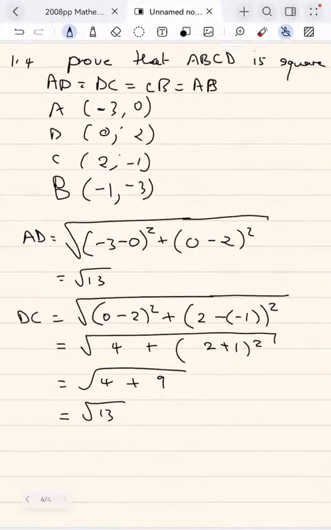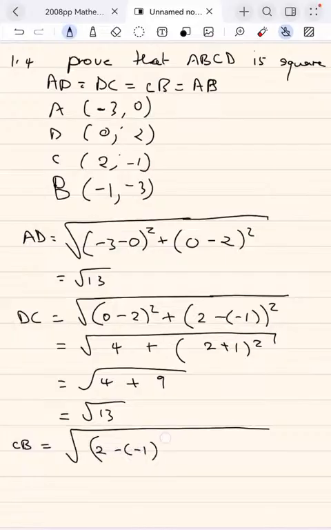Alright, let's do CB. CB is equal to the square root of (2 minus minus 1) squared plus (minus 1 minus minus 3) squared.